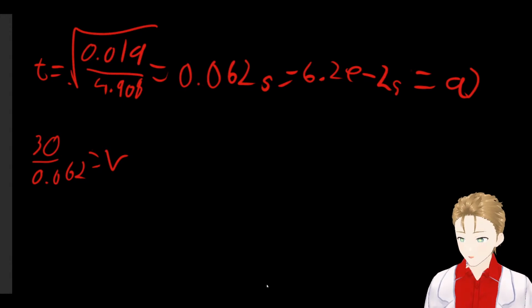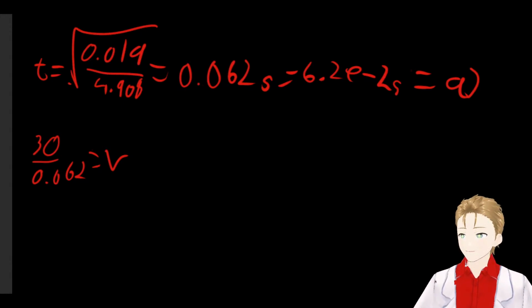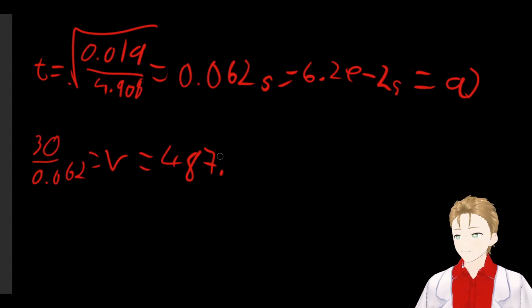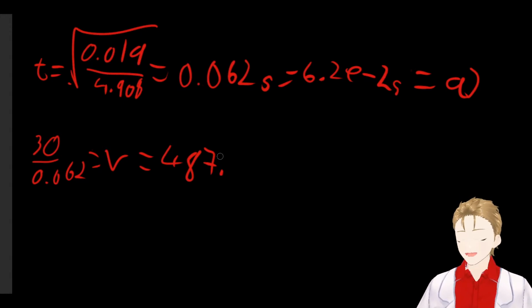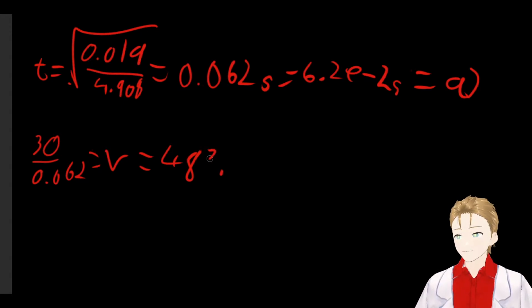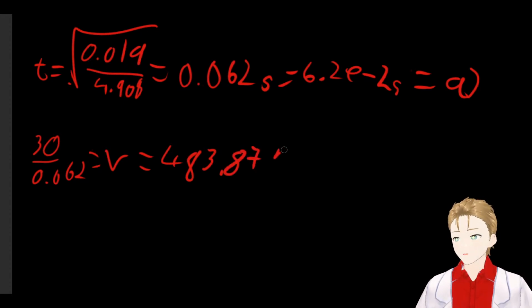I don't think that's helpful. Divided by 0.062, that's the total average velocity. Okay, never mind. This is the answer for 187.9387 meters per second.